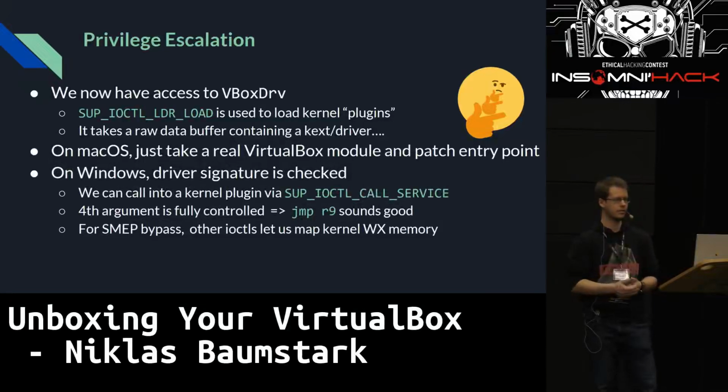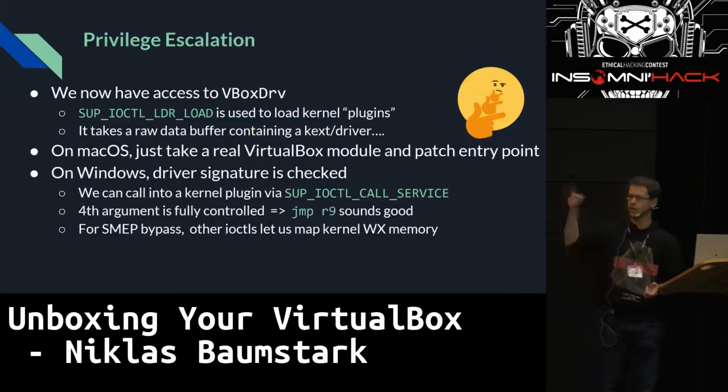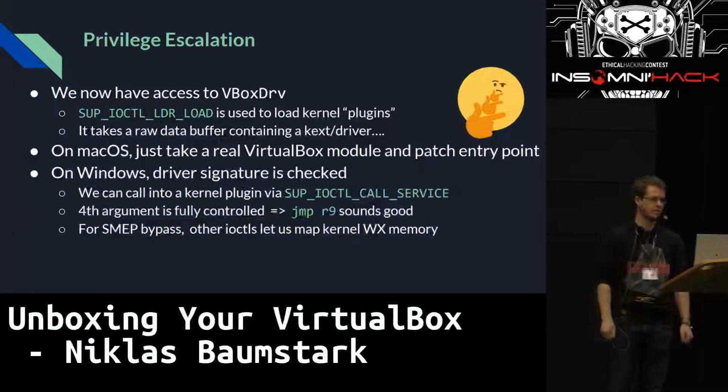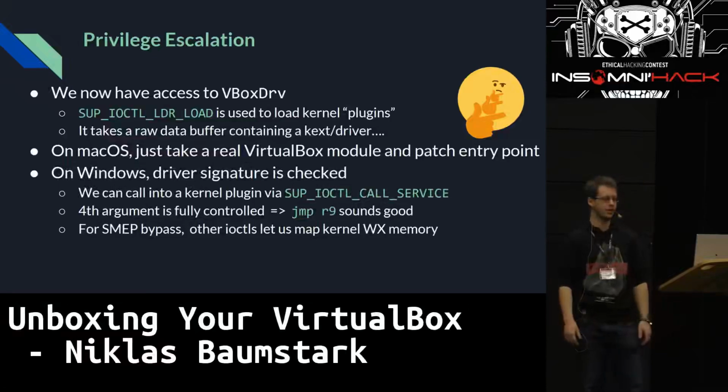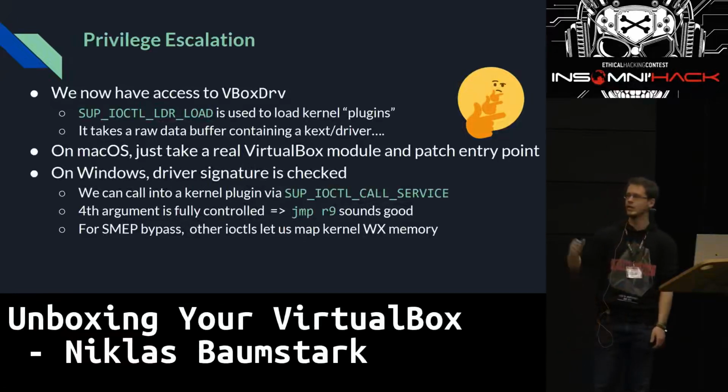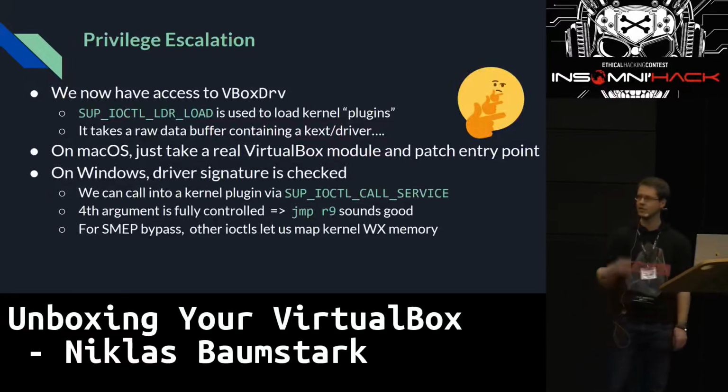So if you install, say, the extension pack for USB support, it will just add a plugin to the already running driver, and it does that by using that API and passing it the driver that it should load as a memory buffer. On macOS it does no additional checking, so you just take any of the existing modules, you change the entry point to contain your shellcode, you give it to this function, and then it will execute it in the kernel. So that's probably a bit too easy.